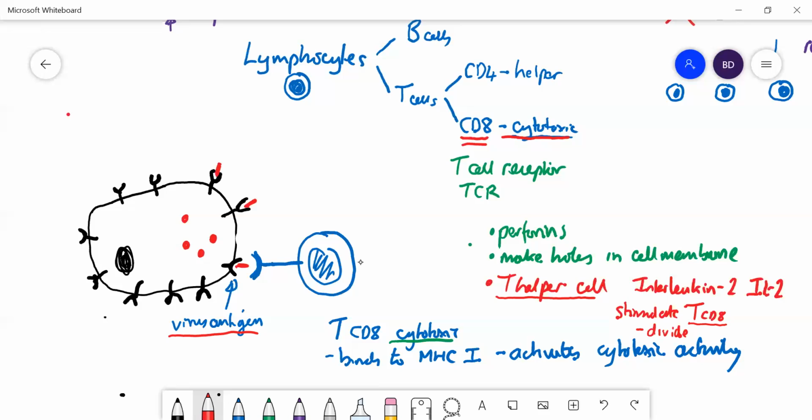You get a whole load of them made, and they'll go all over the body and attack any cells which are infected with the virus. Okay, so that is how, sometimes called cell-mediated immunity. It doesn't involve antibodies. You won't have come across this sort of immunity before at GCSE. It doesn't get a mention, but that is how viruses are dealt with by the immune system.